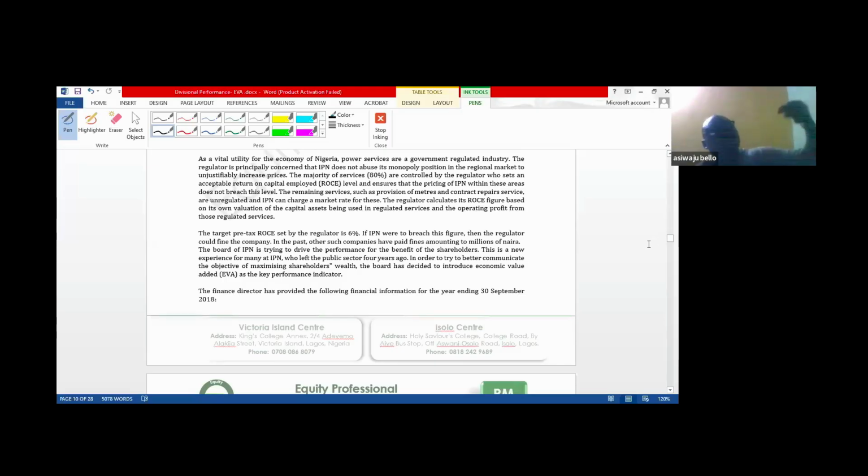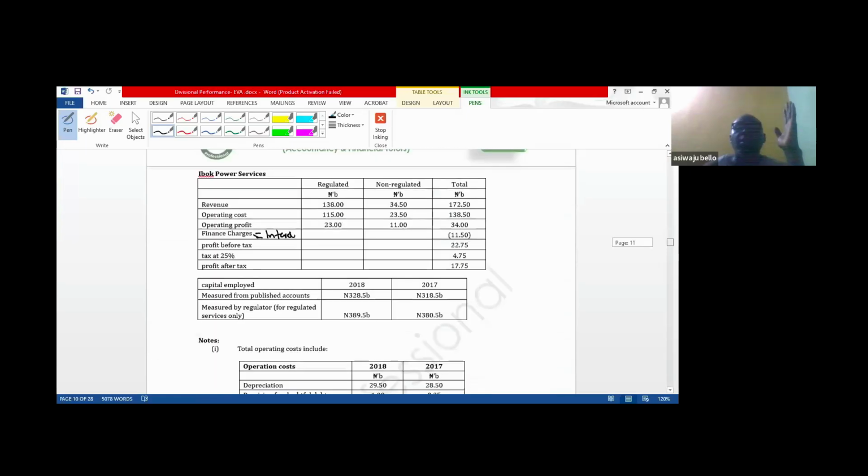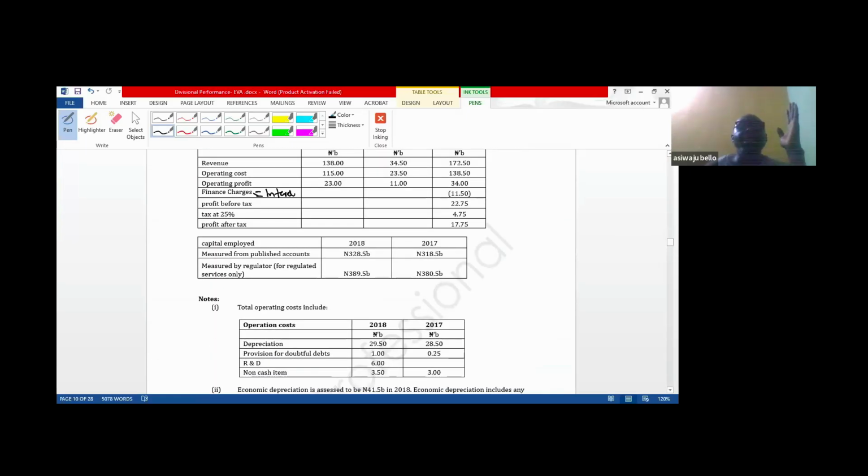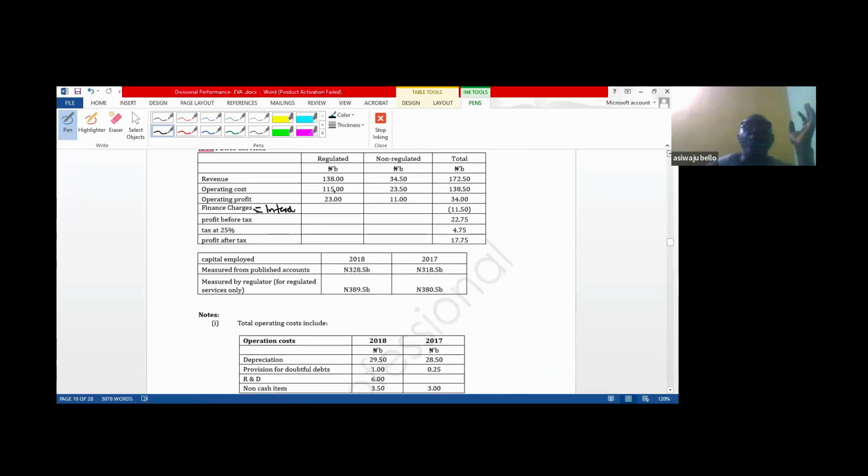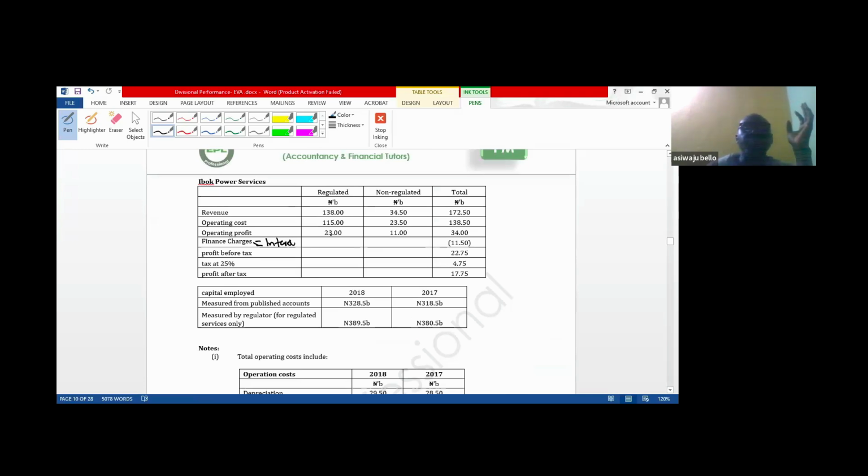That means if you want to calculate return on capital employed for regulated services, you are going to pick operating profits for regulated services divided by capital employed as measured for regulated services.